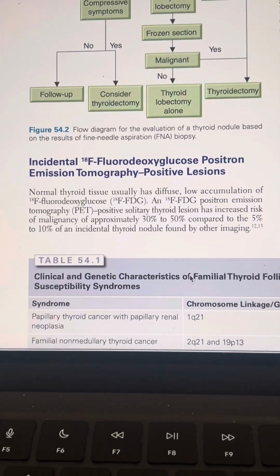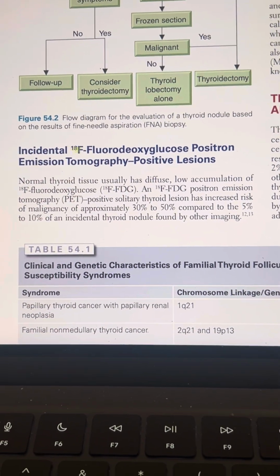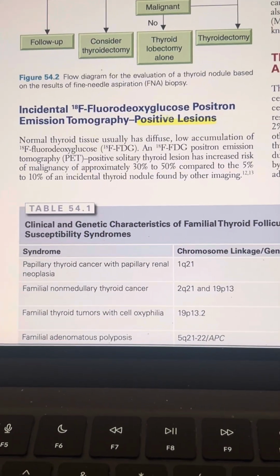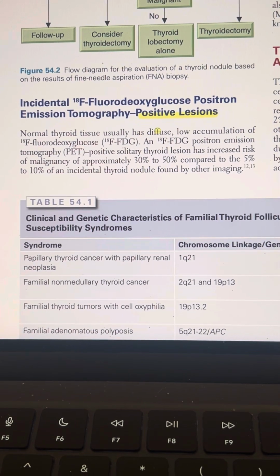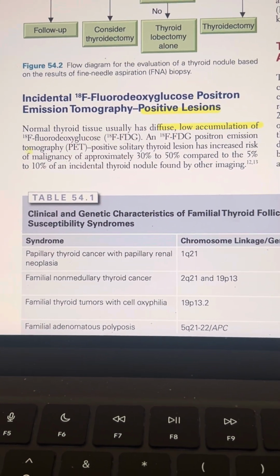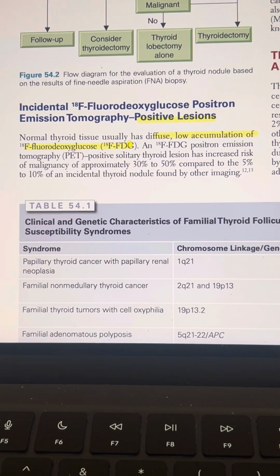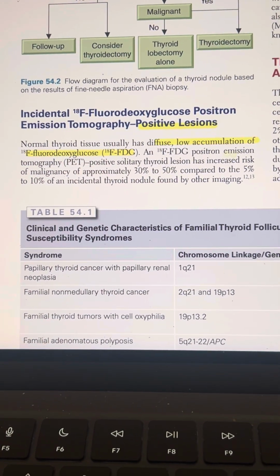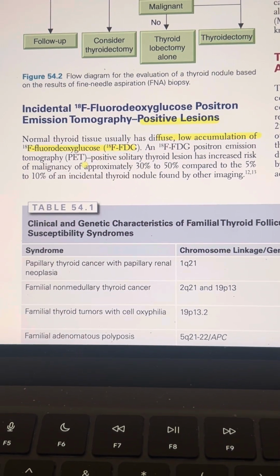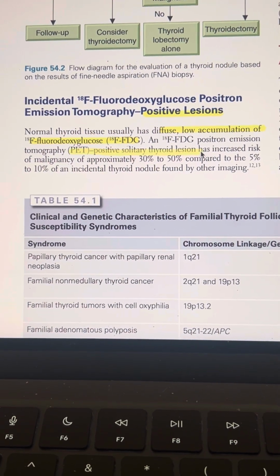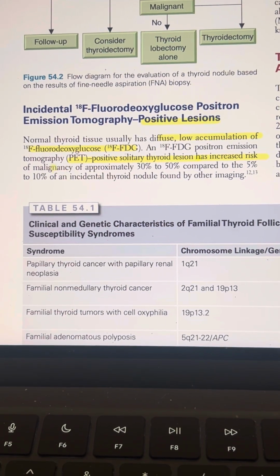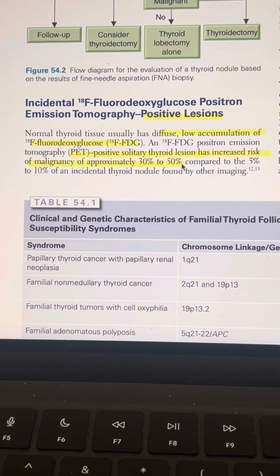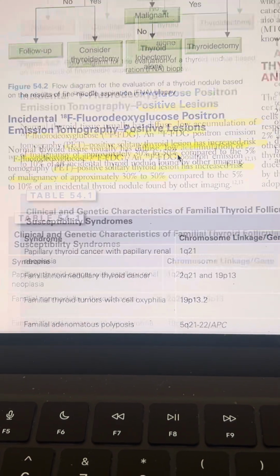Now, incidental PET positive lesion: what will we do in case of a PET positive lesion? Normal thyroid tissue usually has diffuse low FDG accumulation, and an FDG PET positive solitary thyroid nodule has an increased risk of malignancy of up to 30 to 50%, compared to 5 to 10% for an incidental thyroid nodule found by other imaging.